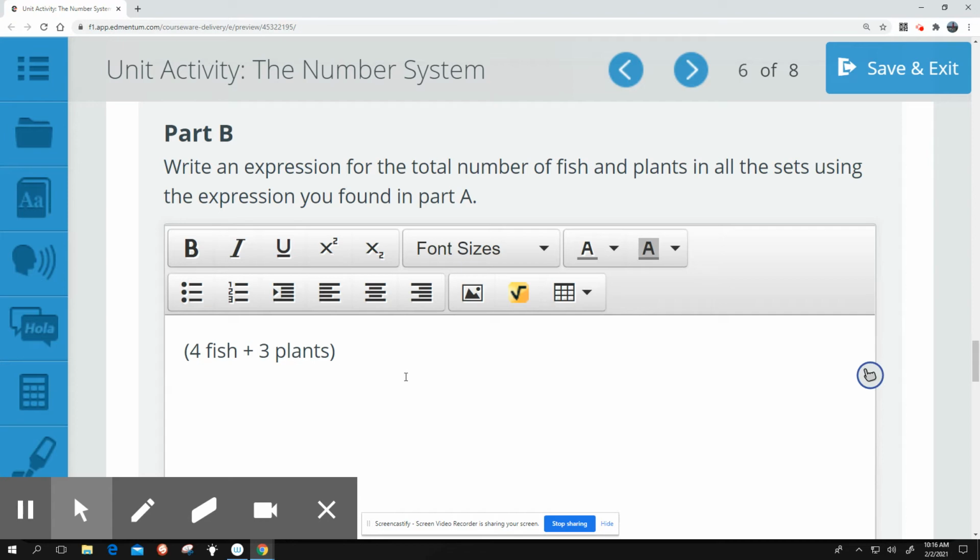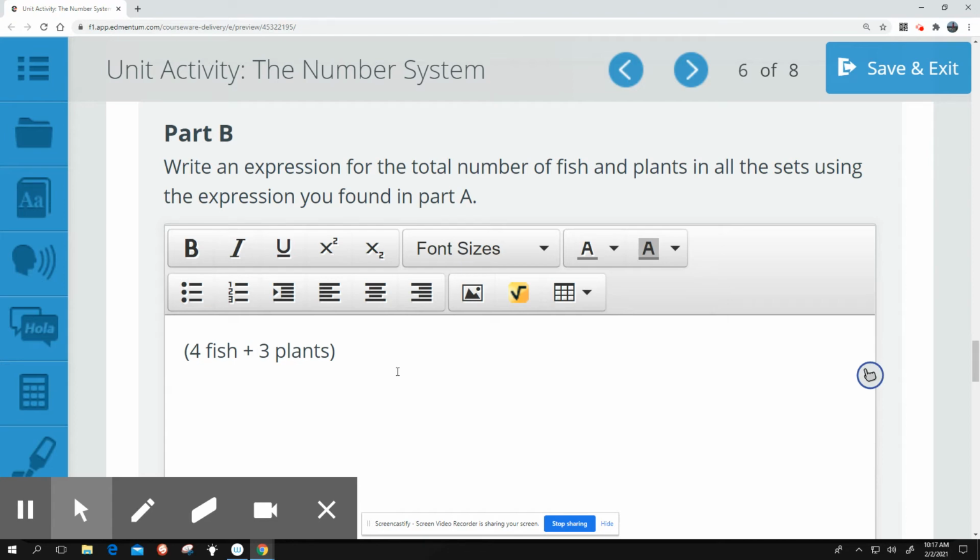We could do that. We could say 24 fish plus 18 plants. What else? Another idea: add them. Add the total number of fish and the total number of plants, so adding 24 plus 18 together. Okay. Anybody else have any other ideas?